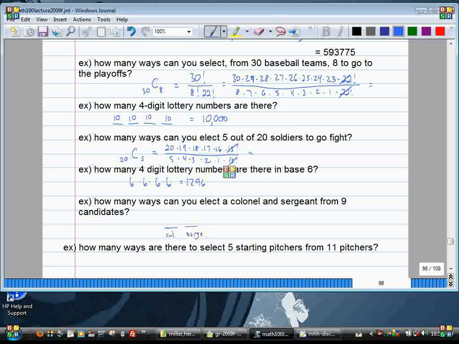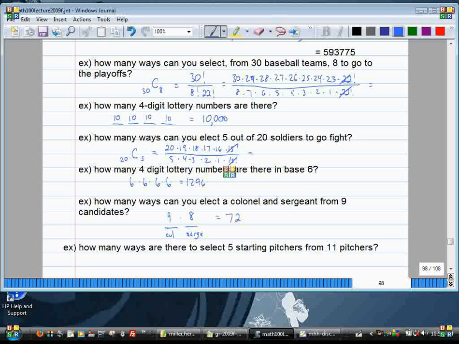So how many possibilities are there for the colonel? And how many possibilities are there for the sergeant? And can you switch them around? Yes.